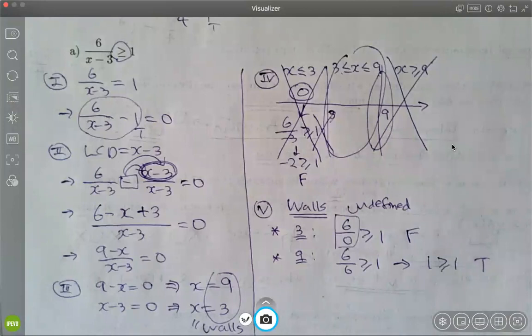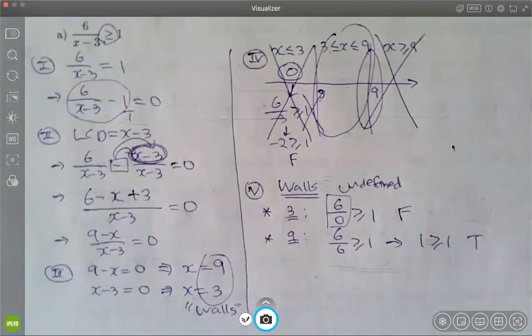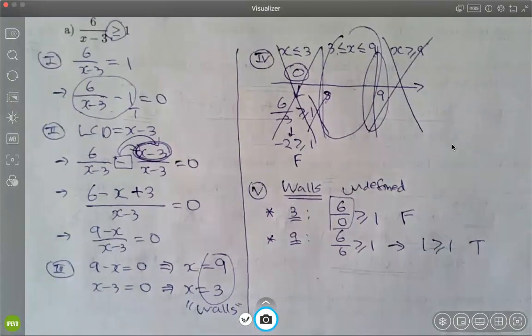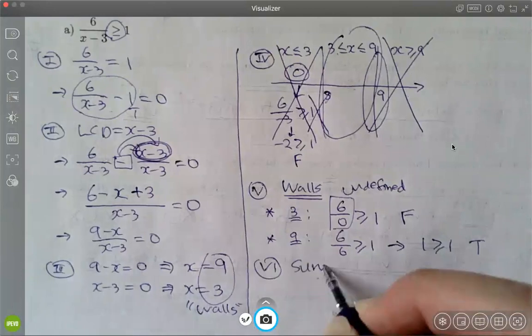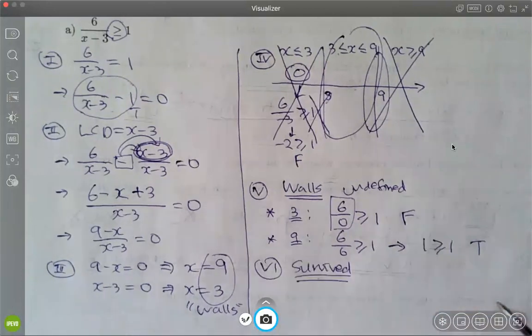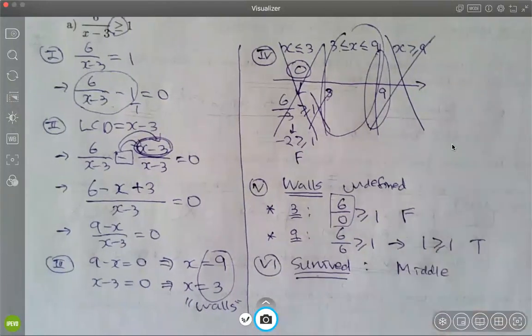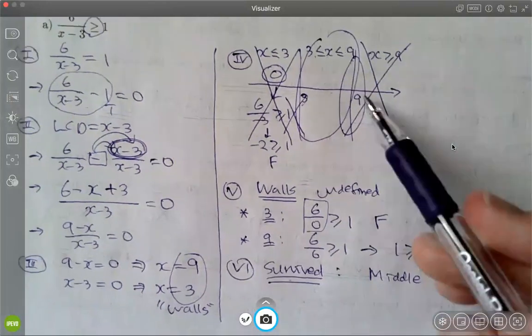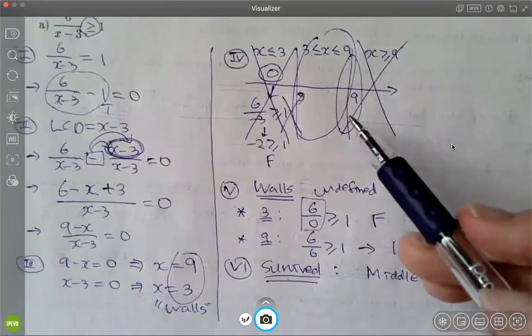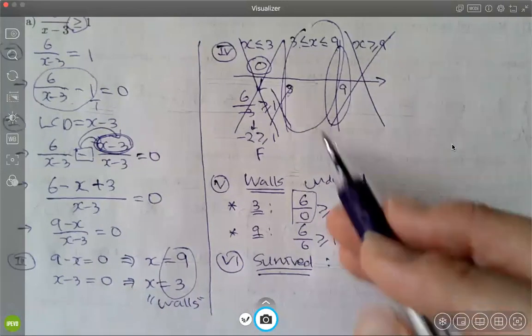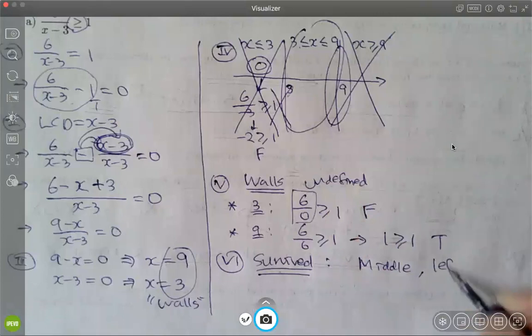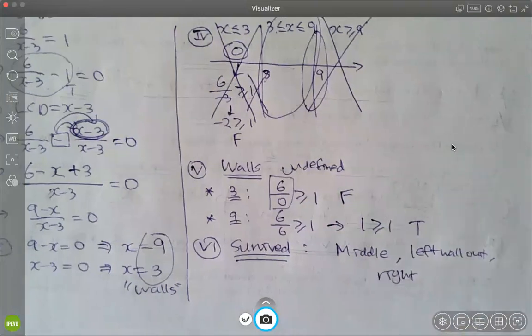Okay, so now let's put everything together. What are the survived things? First of all, the middle region has survived, right? From this picture. However, the left wall is out. And on the other hand, the right wall survives, right?